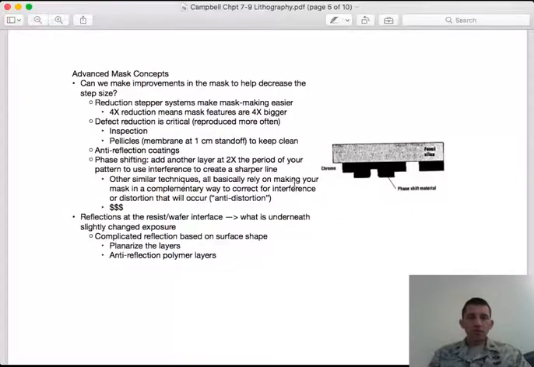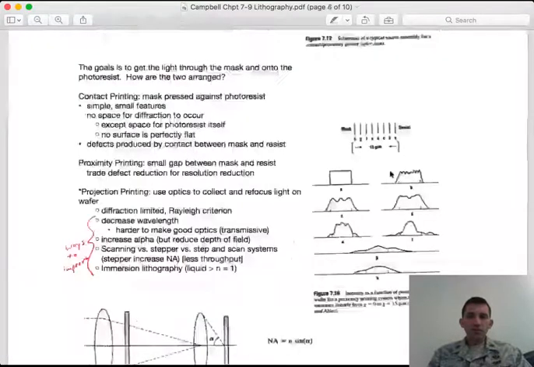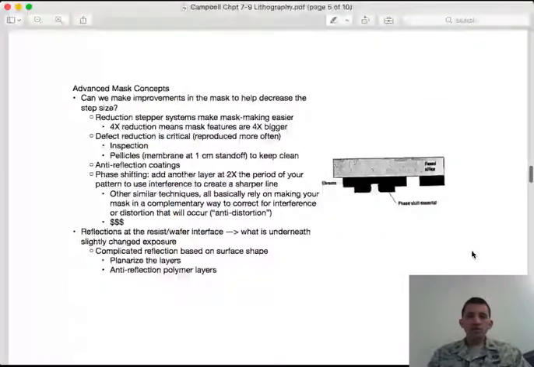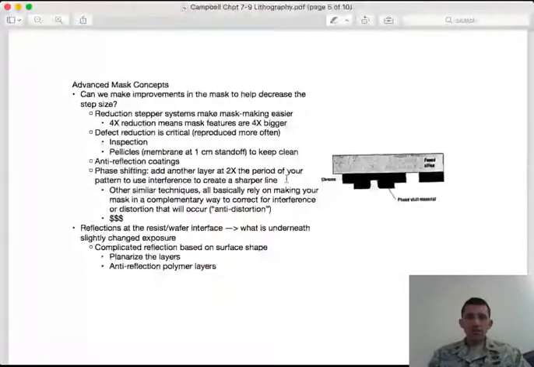Another pretty nifty innovation is phase shifting. So normally we think about interference as being detrimental to reproducing our pattern. But in phase shifting, you actually take advantage of the interference to create a sharper line.